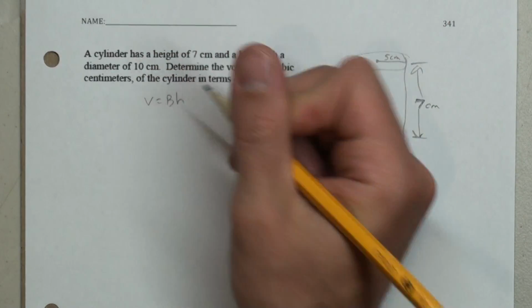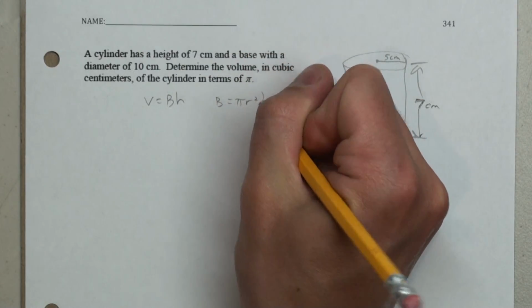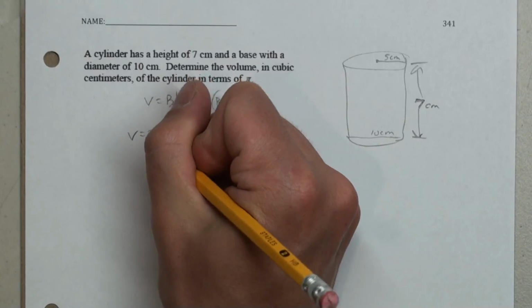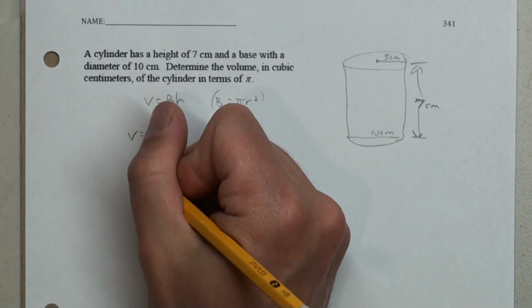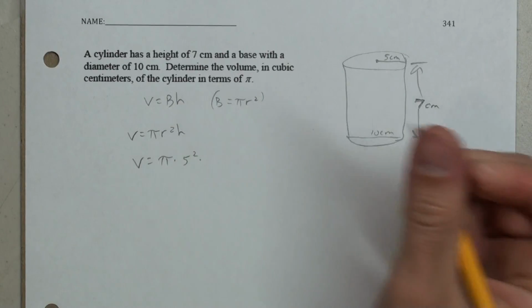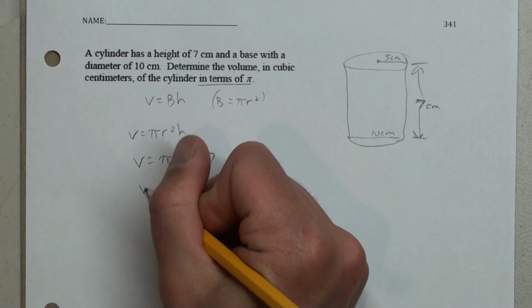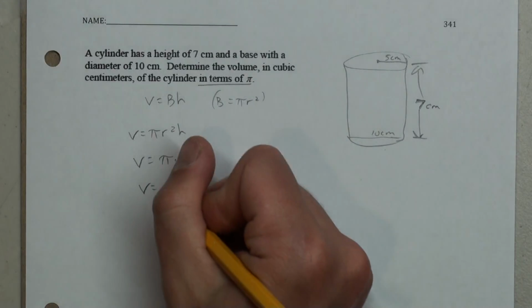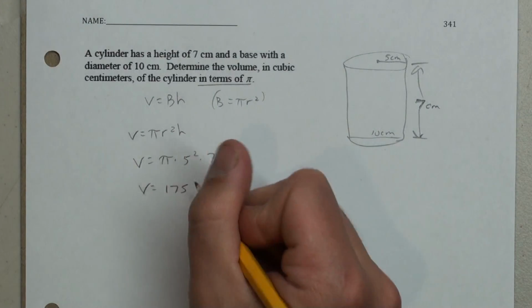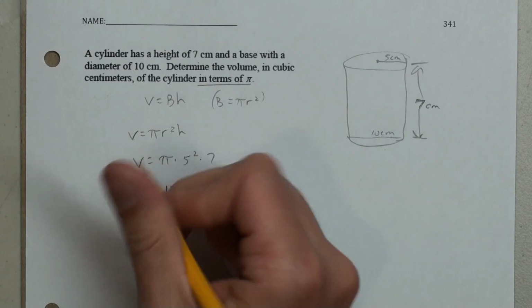So V is Bh, it wants the volume, B is pi r squared, so V is pi r squared h, so V is pi times 5 squared times 7 in terms of pi. So volume equals 175 pi centimeters cubed.